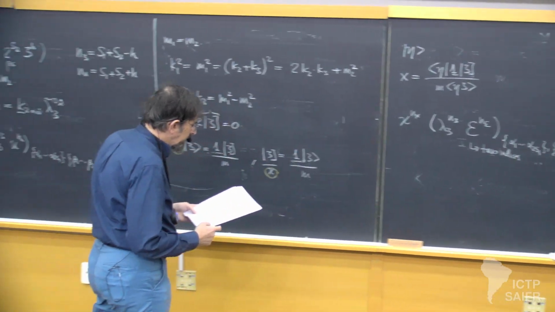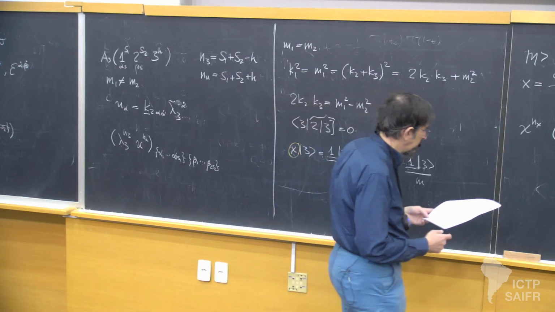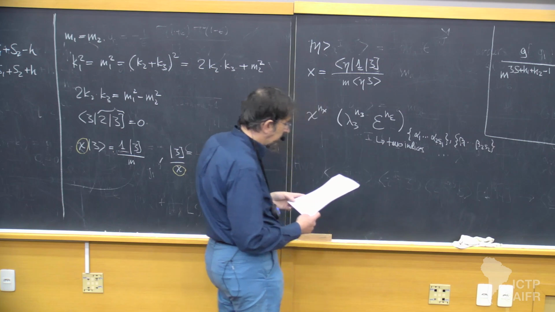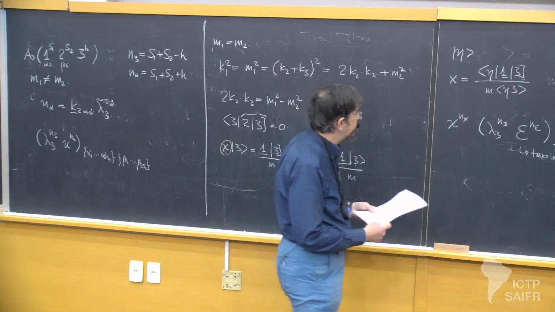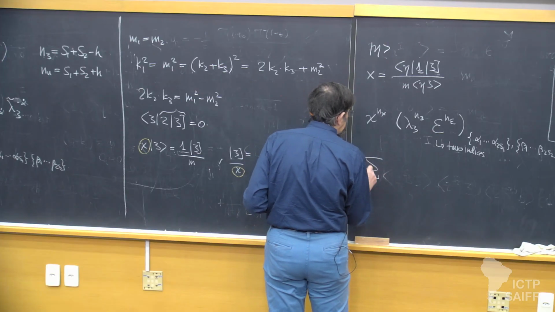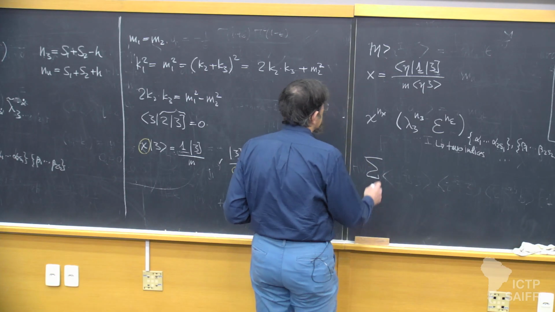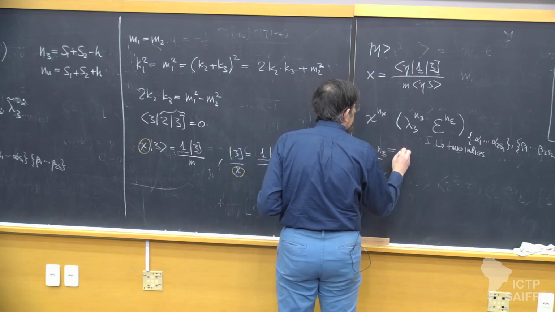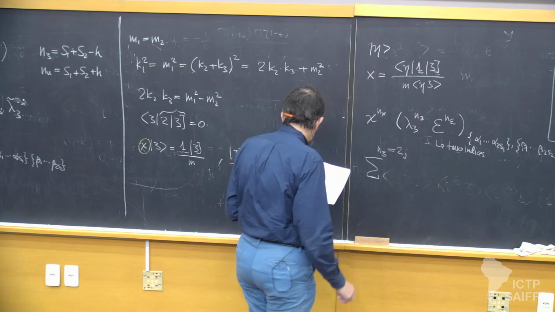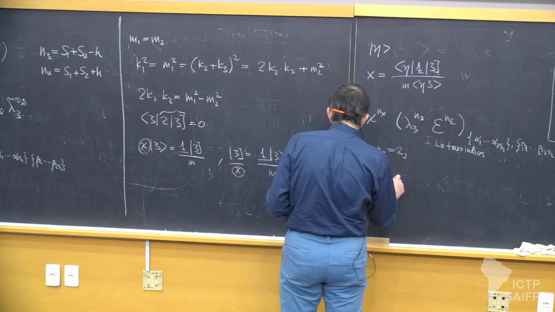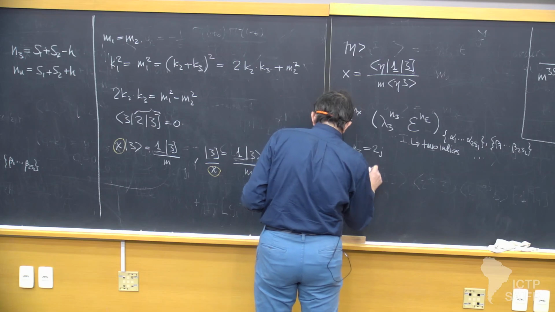And again, here, you can see that we're going to get basically 2 equations for 3 unknowns. So again, we cannot fix these exponents completely. We're going to get a sum over a different set of interactions, a different set of couplings. So it turns out that N3 has to be positive. We're going to get a sum over J that has the form of some dimensionful coupling.